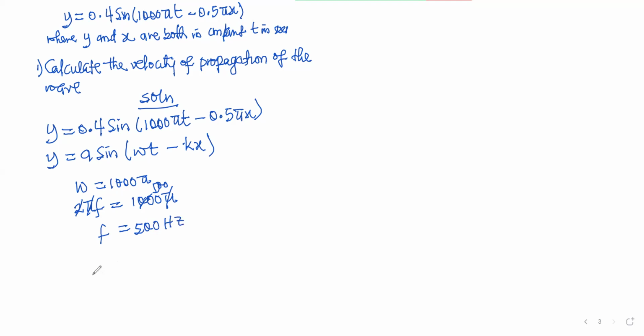And I want to determine frequency because I want to use f. V is equal to f lambda. So we equate wave number k to 0.5 pi to find lambda.